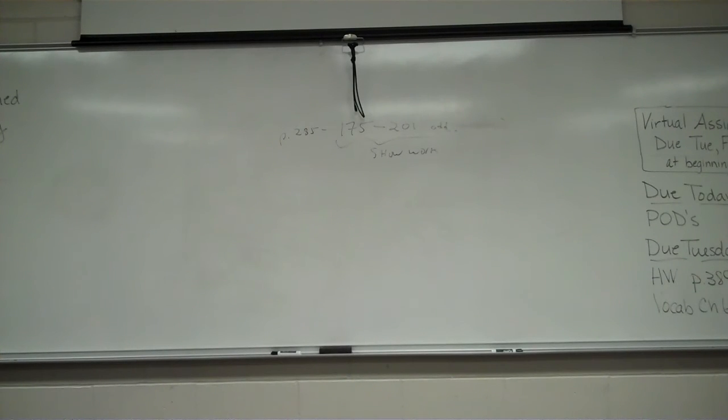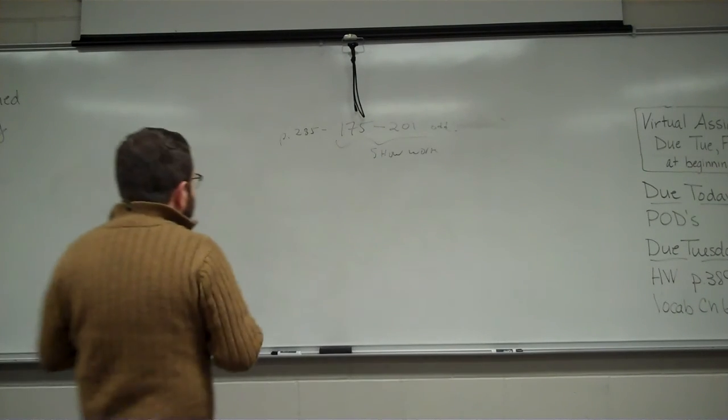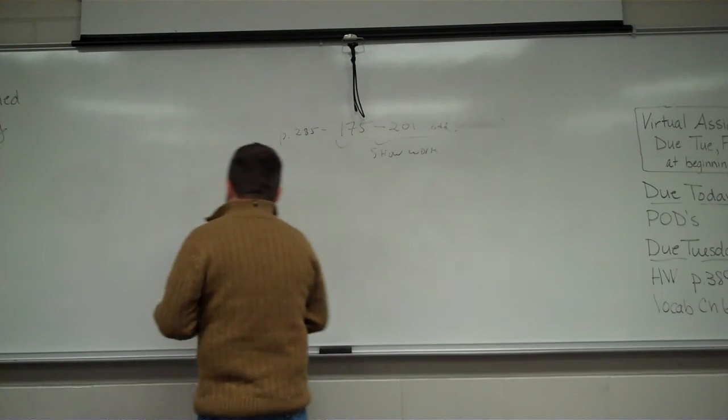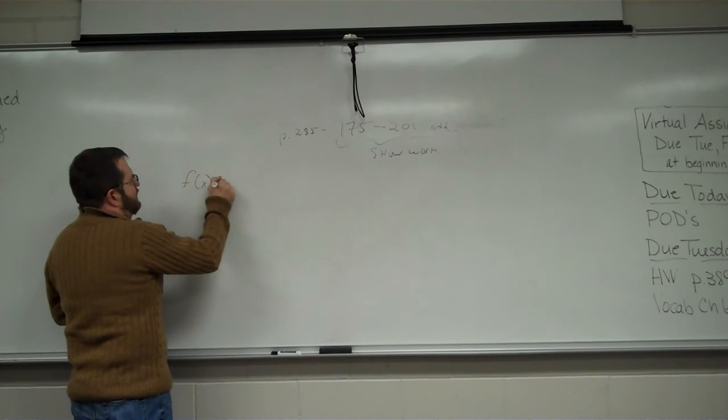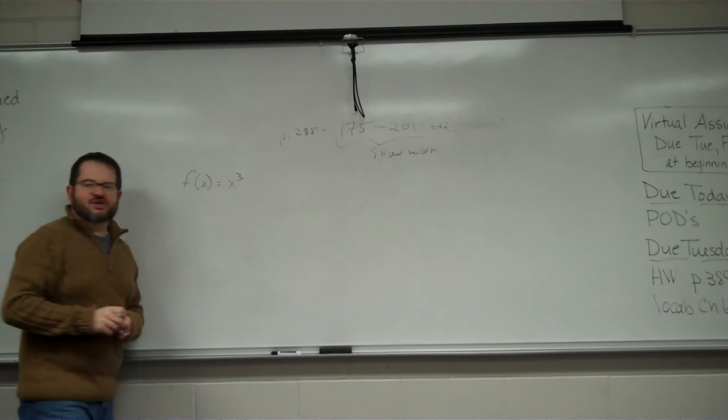One of the problems in there is quite curious. It says something like, here's some equation. f of x equals, let's just say x cubed. I don't remember what the equation is.